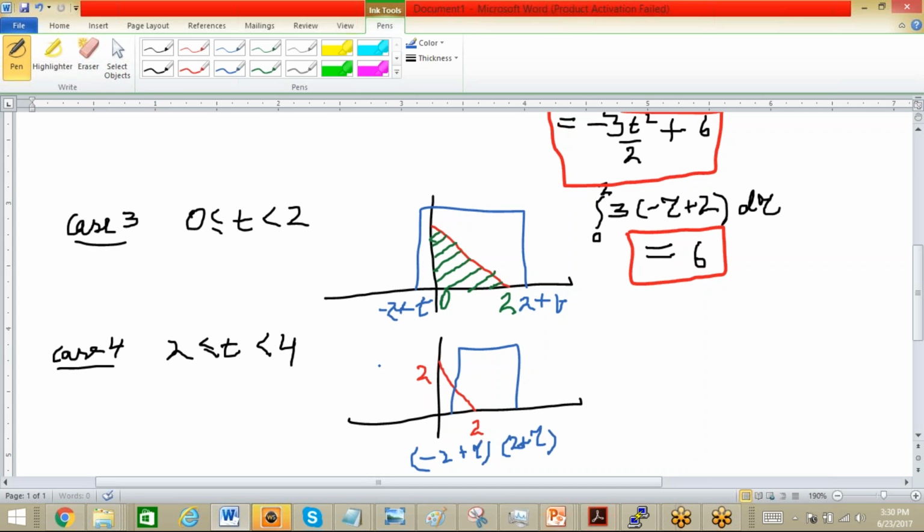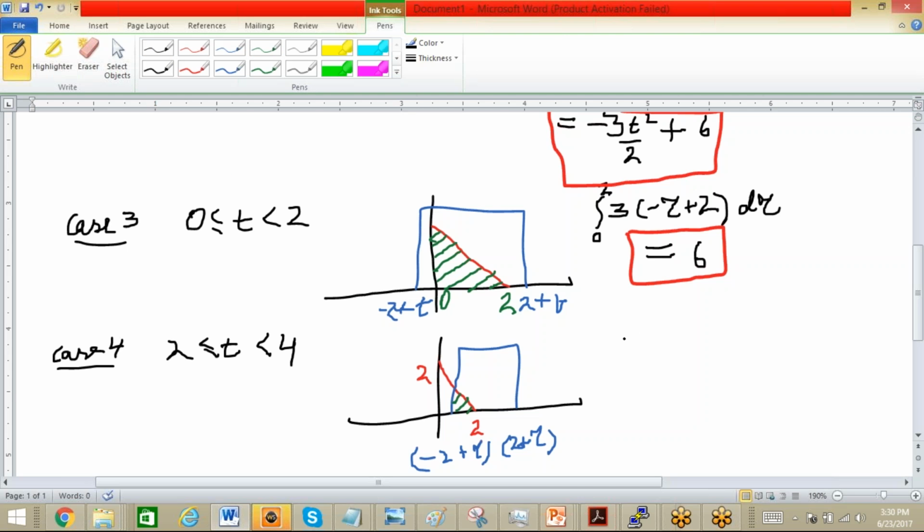Okay. Now again, we can see here that we have a partial overlap, and we need to calculate this set of area. Again, the same way whatever we have done in the case of case number 2, the same setup we have to do.